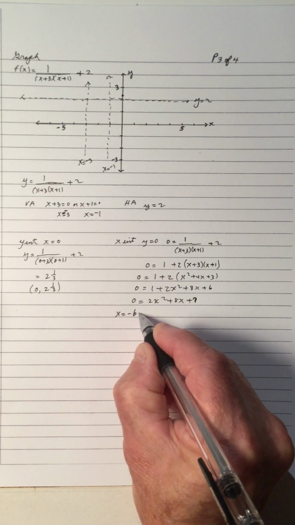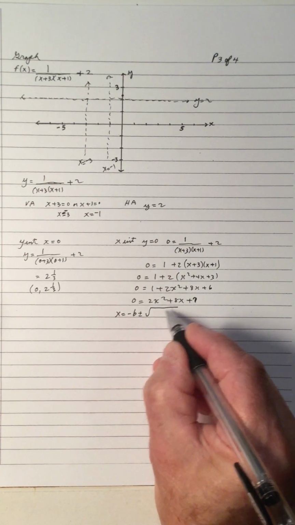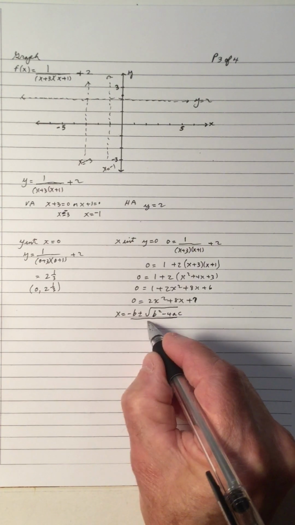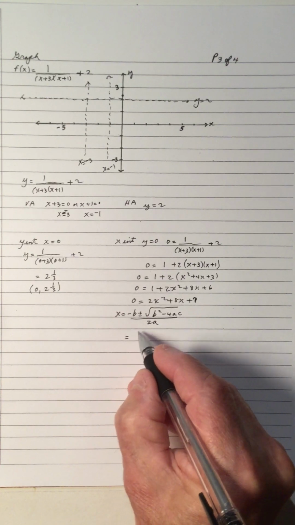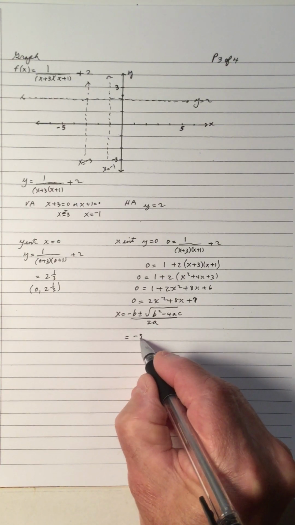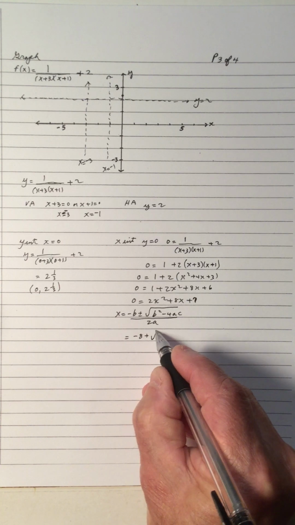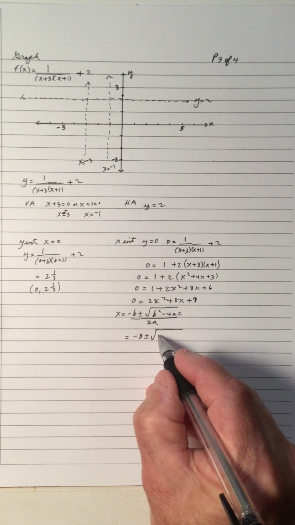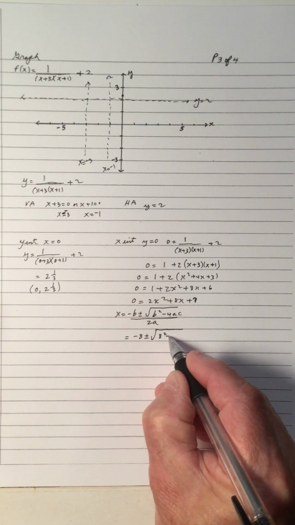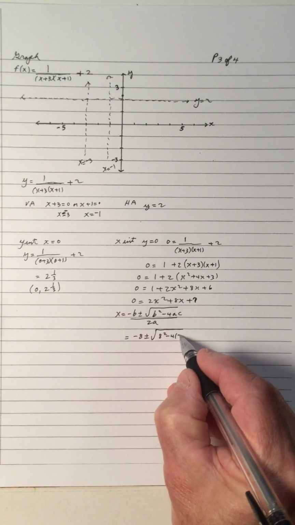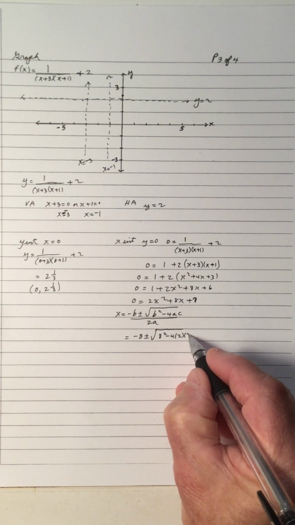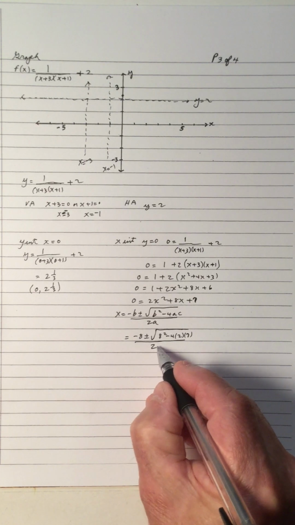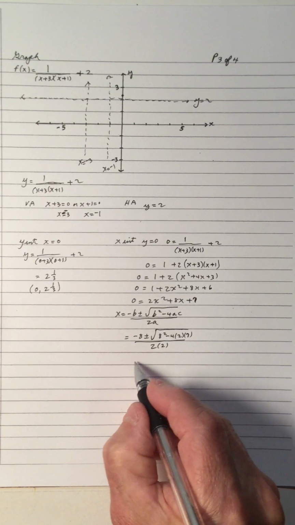X equals negative b plus or minus square root of b squared minus 4ac all over 2a. b is 8, so that's negative 8, plus or minus, that's an 8 being squared minus 4, a is 2, c is 7, all over 2 times a, which is a is 2.